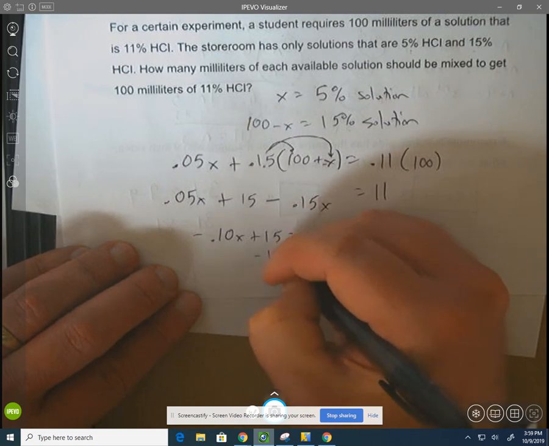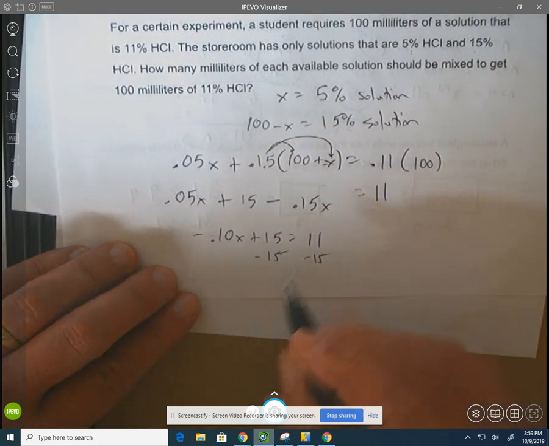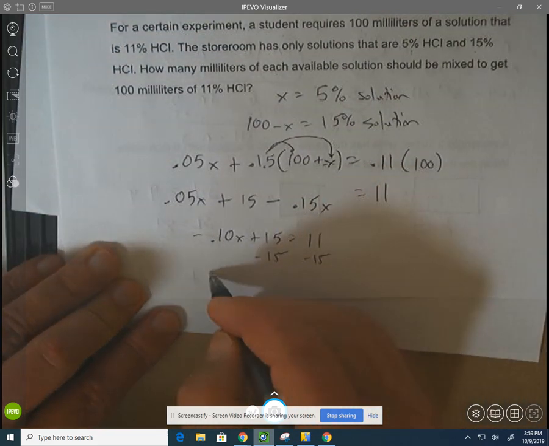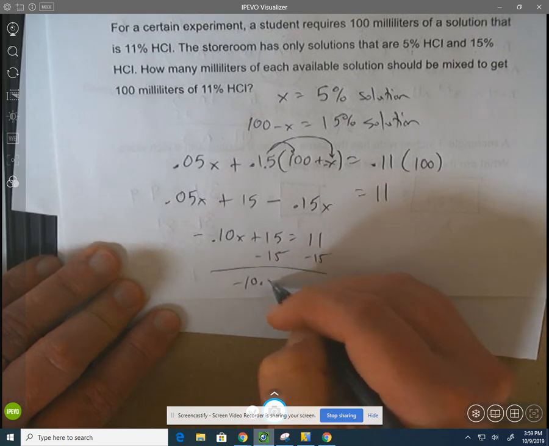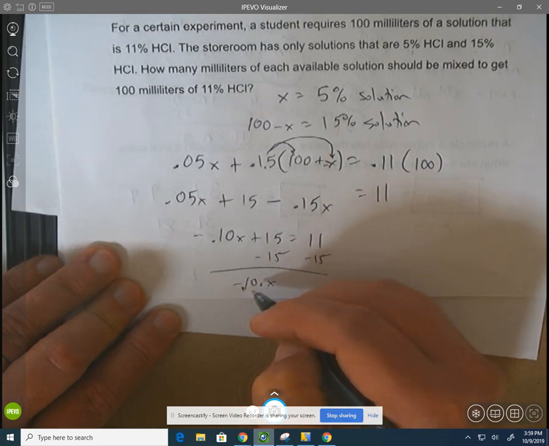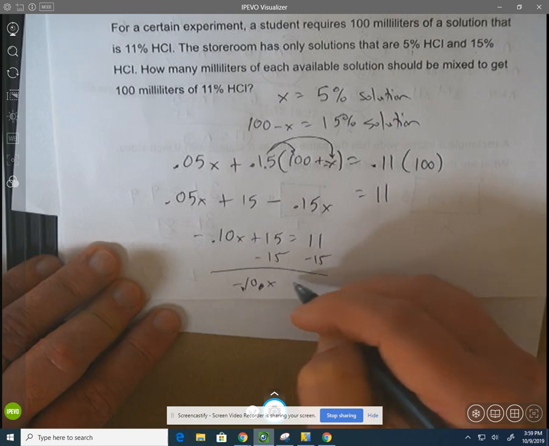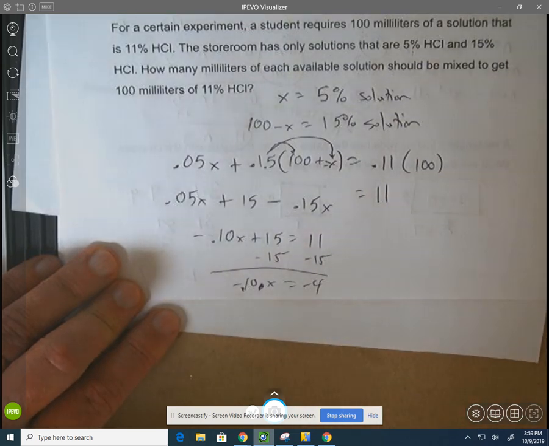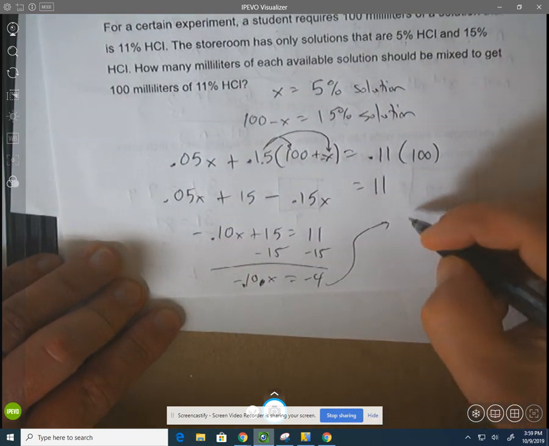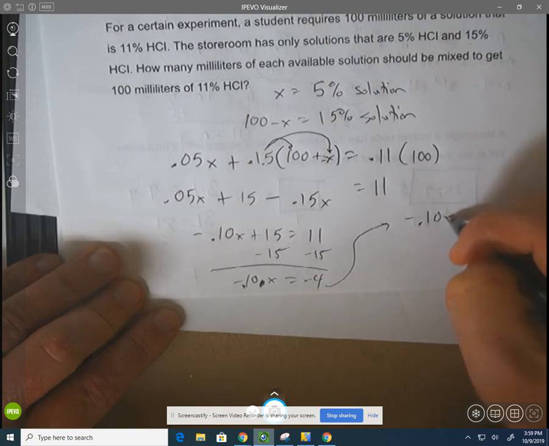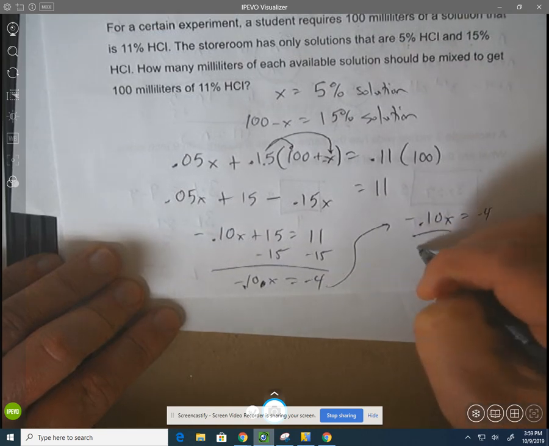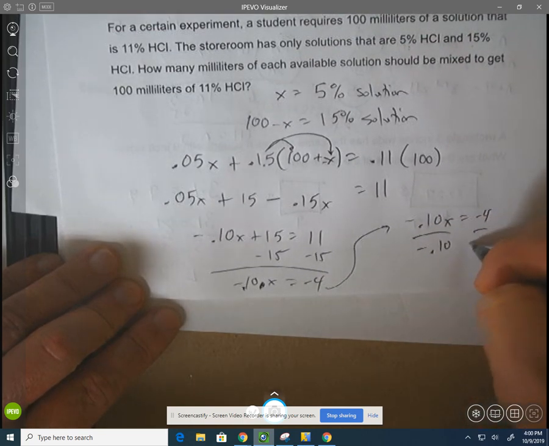Now I've got a two-step equation. Subtract 15 on both sides. So it's negative 1/10 x equals negative 4. Divide by negative 1/10 on both sides.